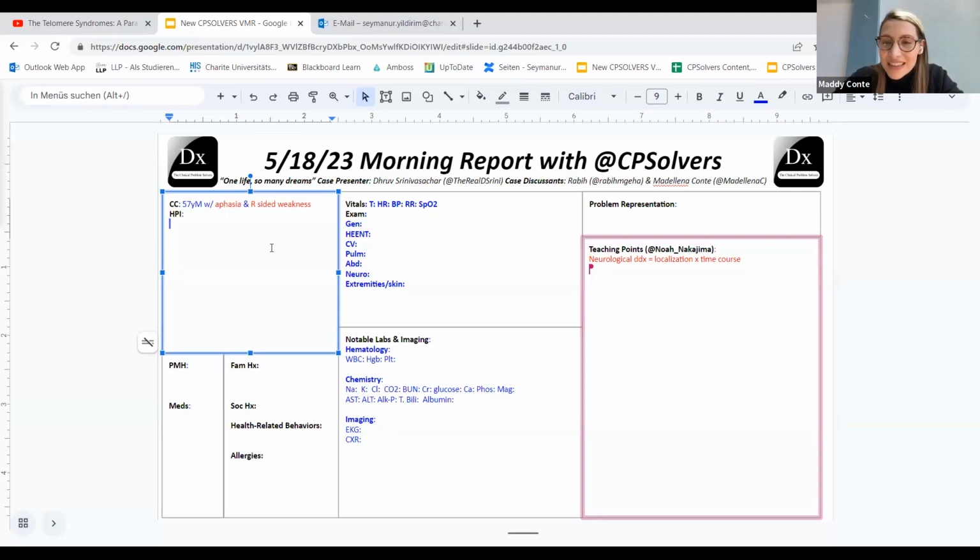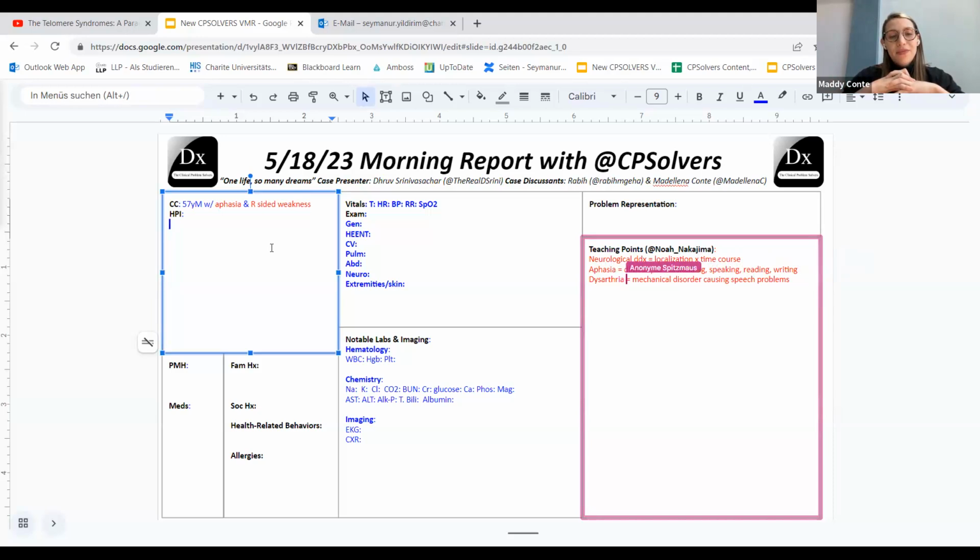And then the right-sided weakness, we'll have to go through the whole motor pathway. Is it something in the motor cortex and upper motor neuron, the spinal cord, the lower motor neuron, the neuromuscular junction, the muscle? To tie these two together, the fact that there's aphasia and also unilateral weakness, I'm concerned with more of a brain issue rather than a peripheral issue.